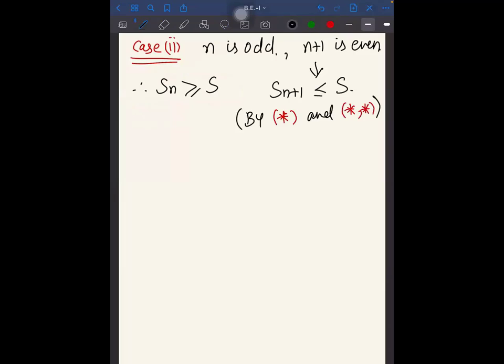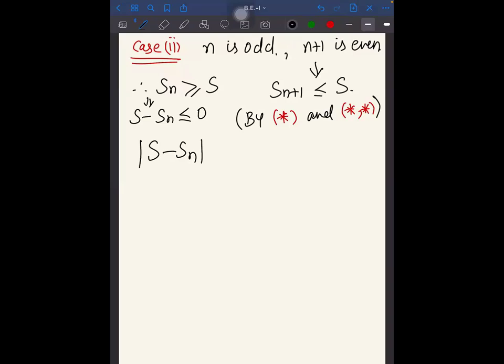True? Now, what we gonna calculate? We're gonna calculate the difference of S minus Sn. Okay, but from here you see that S minus Sn is less than or equal to 0.